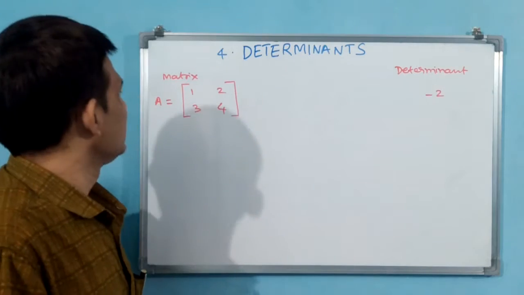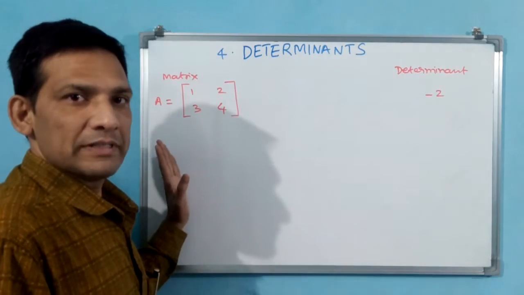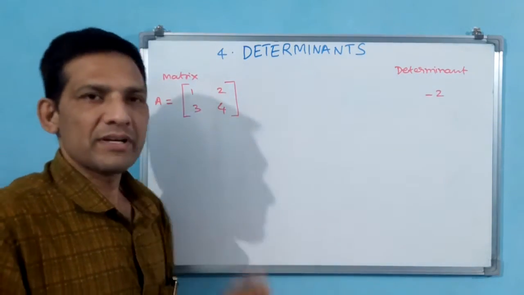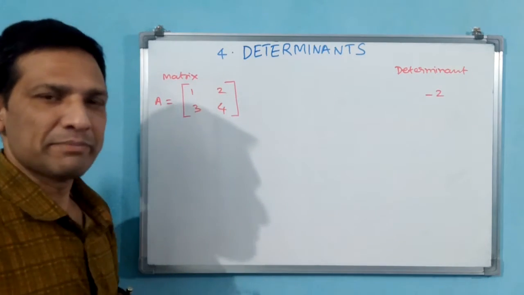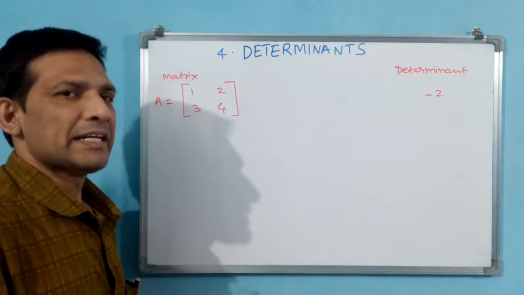You understand? The matrix 1, 2, 3, 4 you can represent as determinant -2. How has it come? Let us understand the concept, then you can understand.